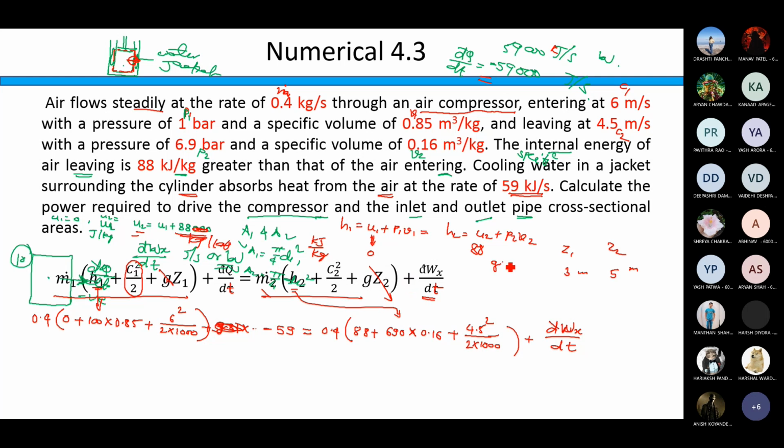When you write the z1 term, you will write 9.81 multiplied by z1, which is 3 meter, and you have to convert this to kilo. So divide this by 1000, and then everywhere you can use the values in kilo. So you have to make sure that you divide here by 1000, and in this term also you divide by 1000. Then and only then your answer will be correct, otherwise not. Remember this. So what is your answer now?